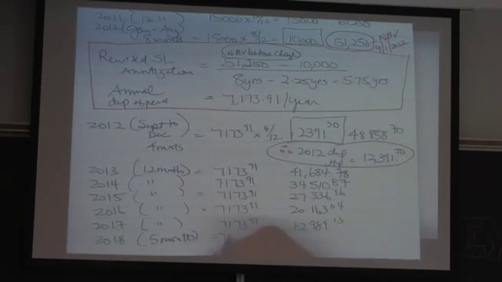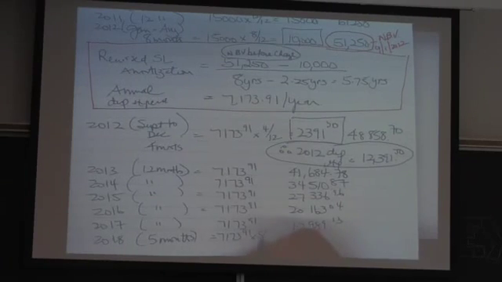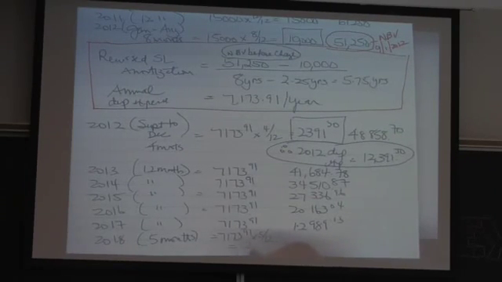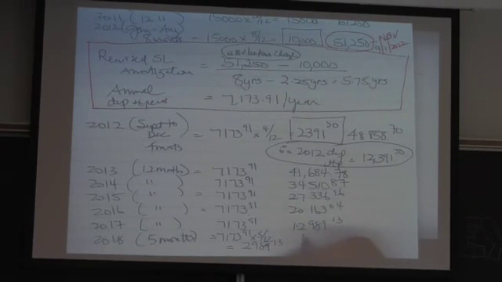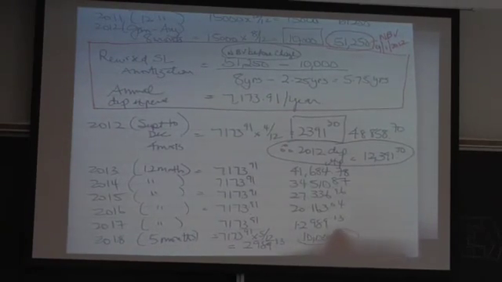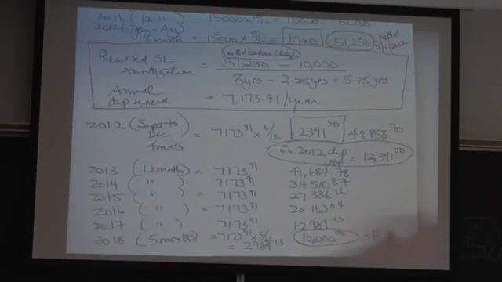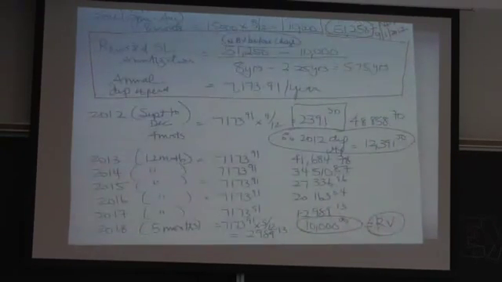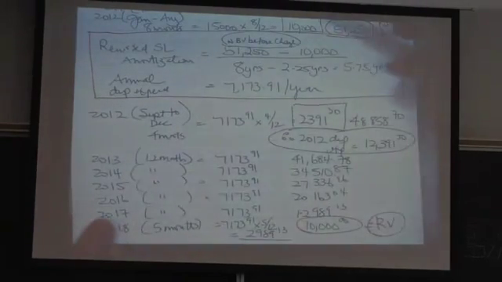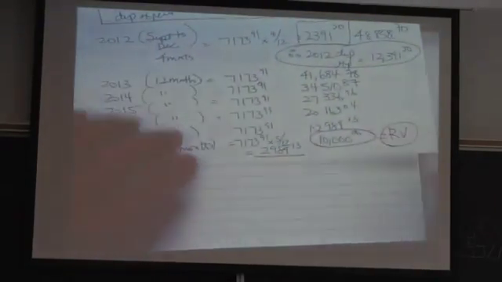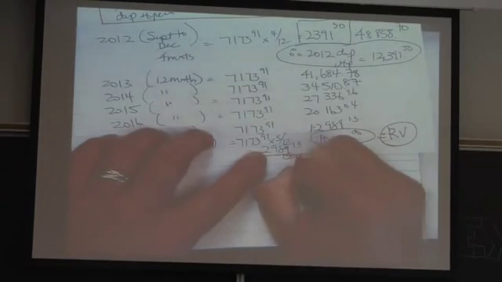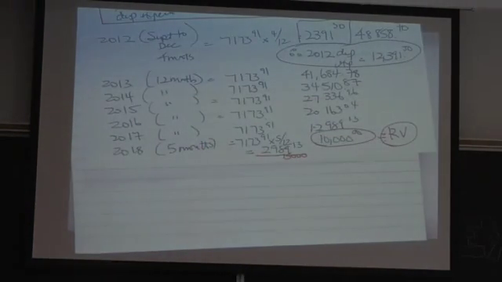So 7,173.91 times 5 over 12 gives us 2,989.13. The net book value is 10,000, so the net book value equals the residual value. If I add all the amortization along the way, the total should be 75,000.